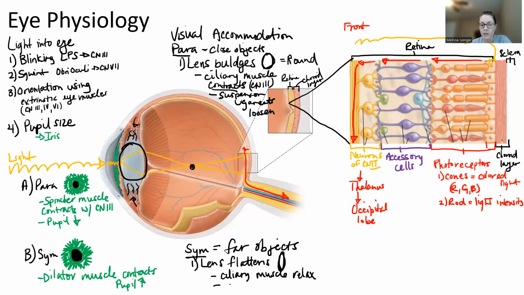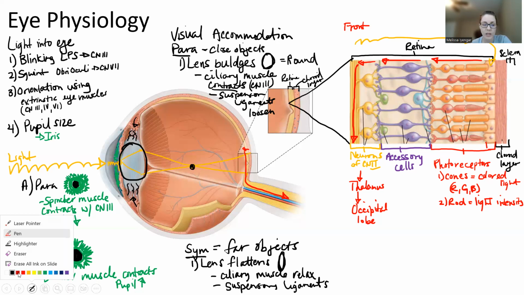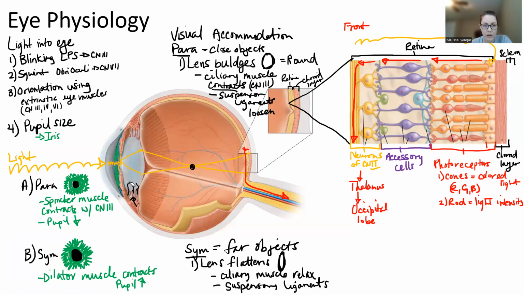And in this case, the suspensory ligaments, what they need to do is they need to pull tight. So let me put this in a different color. Actually, let me just erase this to show you guys what's going to happen to the lens instead, okay?